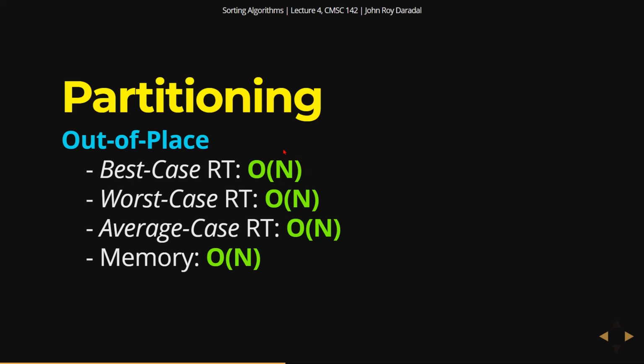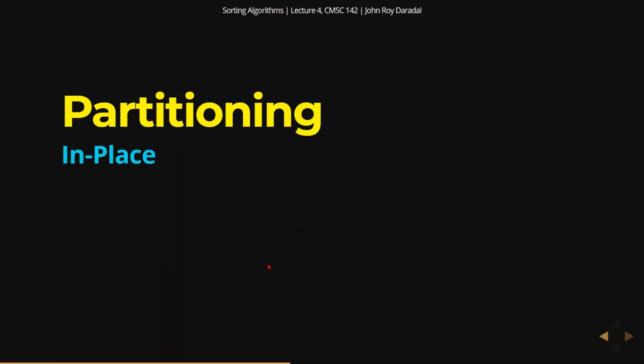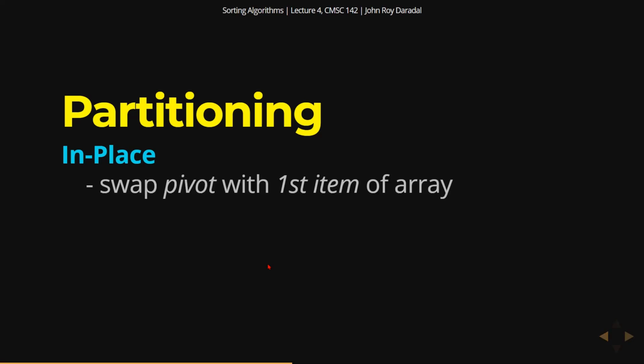So regardless of whether it's sorted already or not sorted, it will happen the same way. And for the memory, it's O of n because you have the extra memory for the deck.